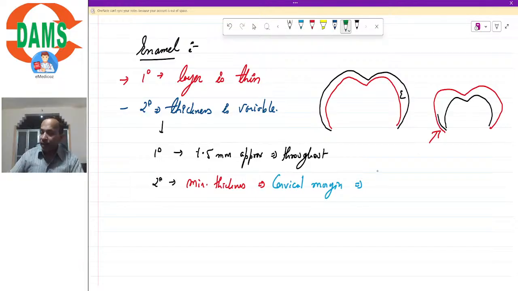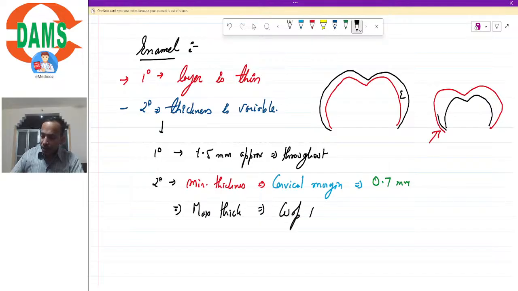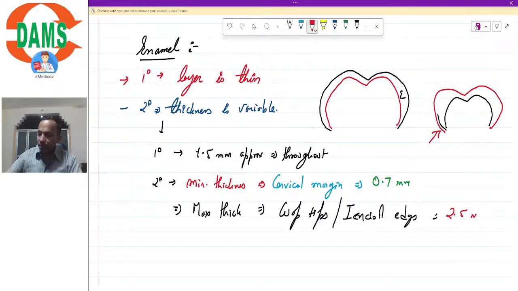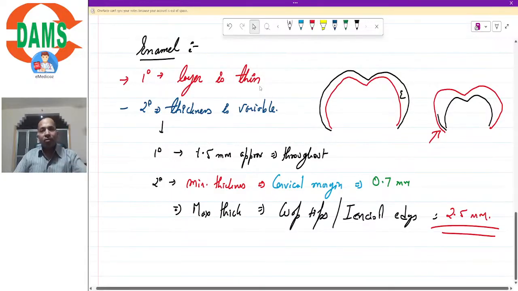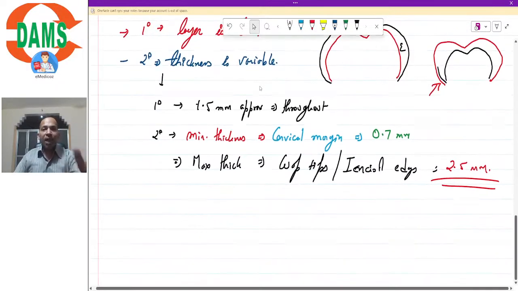It is approximately 0.7 millimeters, whereas maximum thickness is at cusp tips or incisal edges. And how much is it? Approximately 2.5 millimeters.